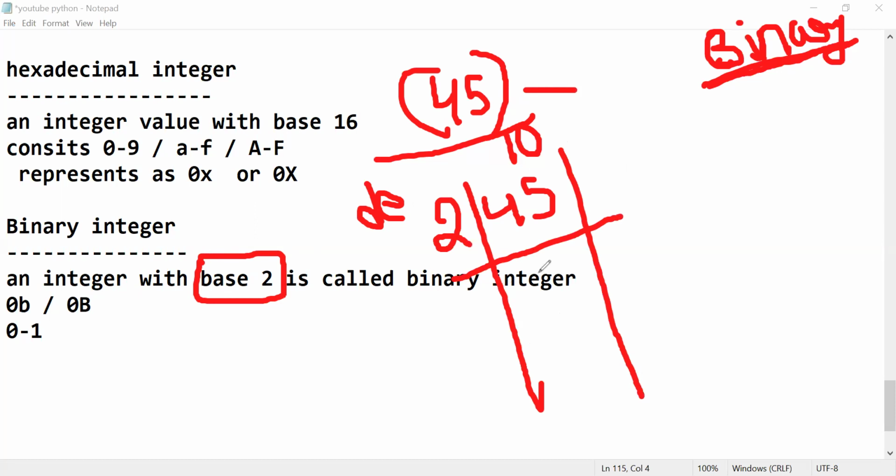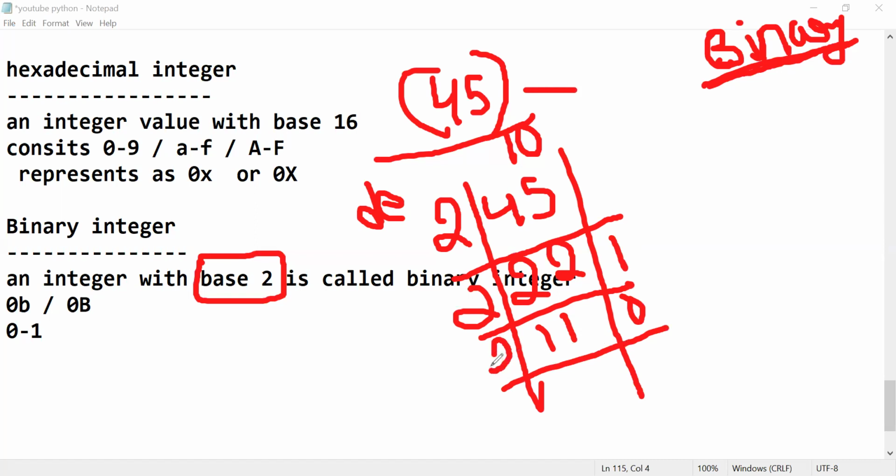Here, how many times it will divide with 2? 2 twos 4, and again 2 twos 4. You will get 44, and the remainder is 1. Again, we have to divide with 2, and 11 times it will go. We will get value 0, guys. And again, we have to divide this 11 with 2, and 5 times it will go. 2 5 10.